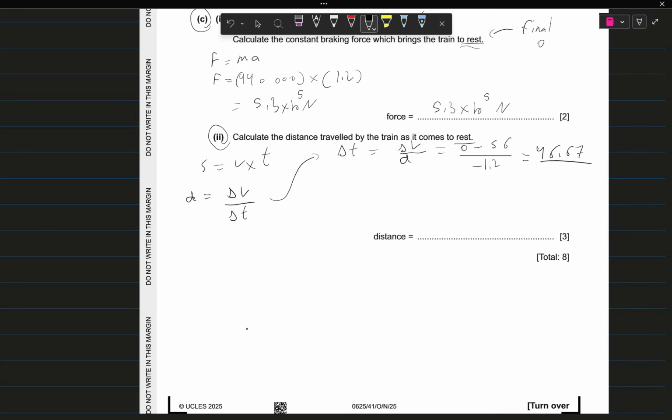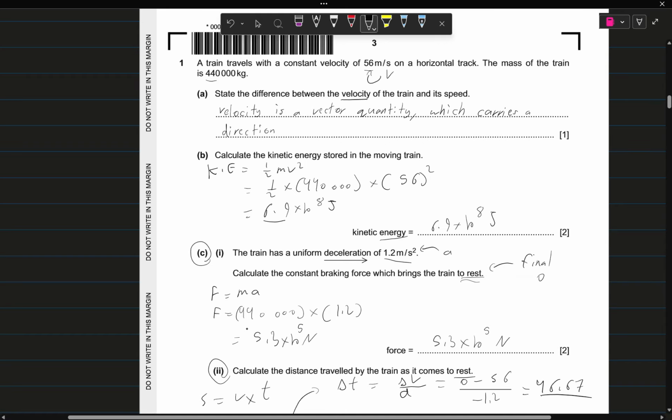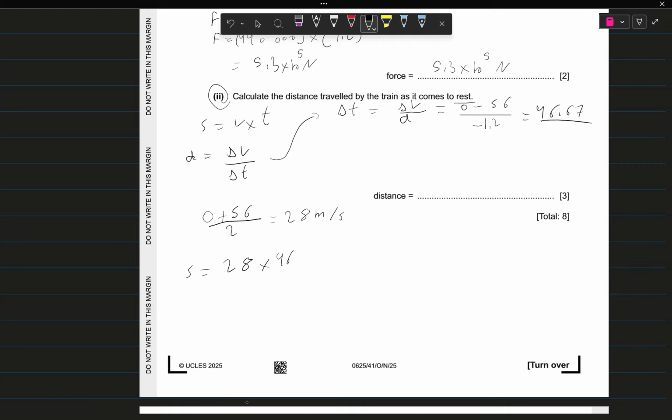We have the time at rest, so 0, and the initial constant velocity being 56, so plus 56 over 2 to get the average, because we are finding the average velocity. And that would be actually 28. So 28 meters per second. This is the average velocity. So if we want to find the distance, that will be 28 times time being 46.67.